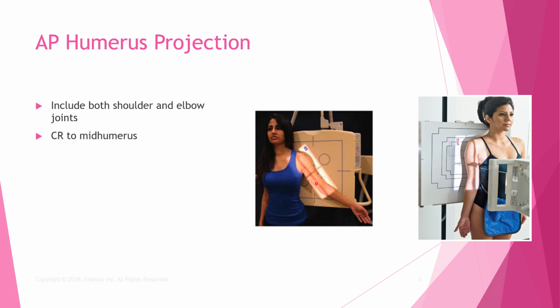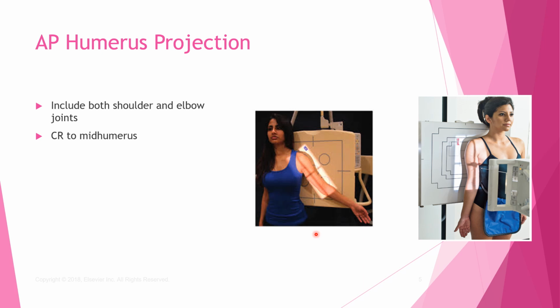There are a few where the long bone is so long that it would be acceptable to put it diagonal on the IR versus straight up and down. So the hand is extended and supinated, or put it palm out. This is supinated so that the epicondyles are parallel to the image receptor.